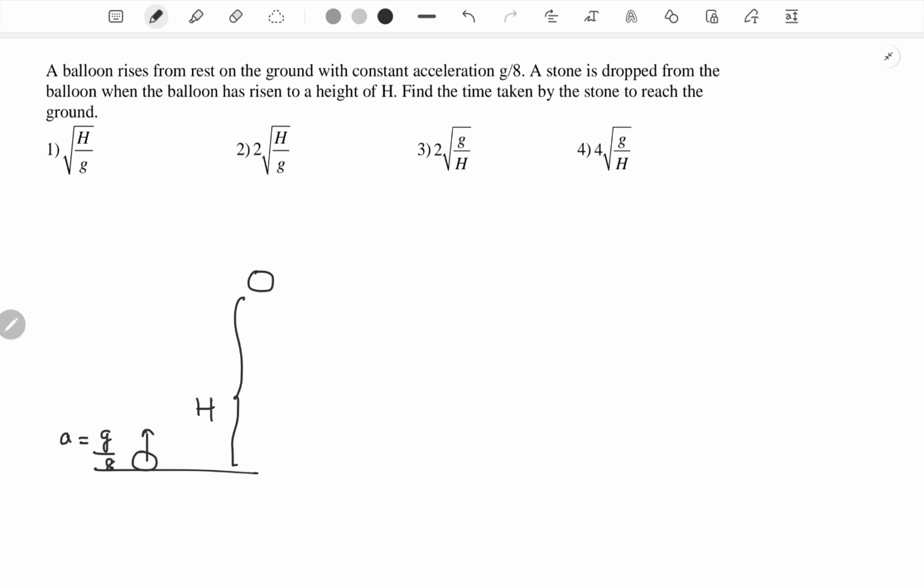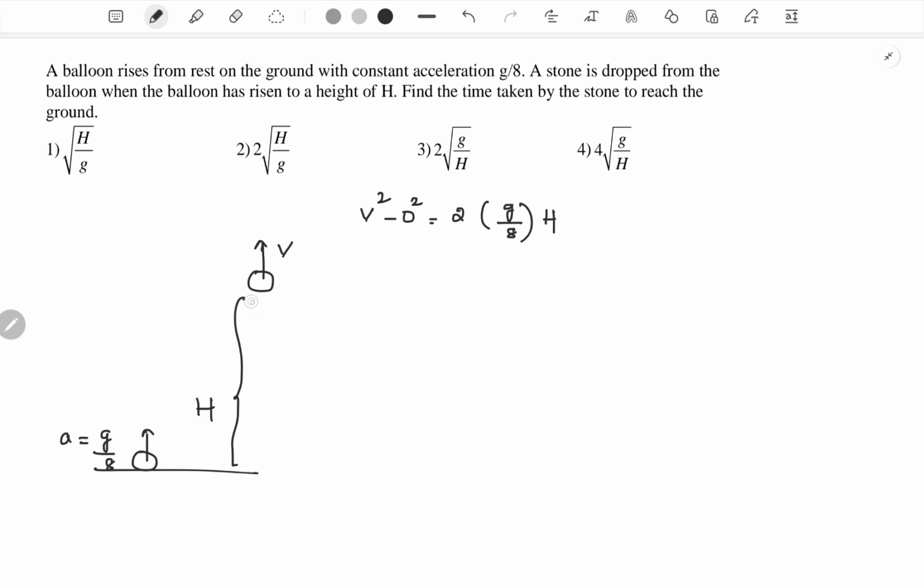Now, when it goes from the ground to that particular height, it will acquire a certain amount of velocity. Let's try to find what that velocity is. To find that velocity, I will use the relation v square minus, initially it started rising from the ground with initial 0 velocity, is equal to 2 into acceleration, which is g by 8 upwards, into displacement, which is h upwards.